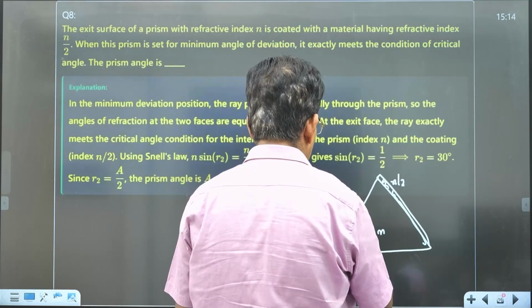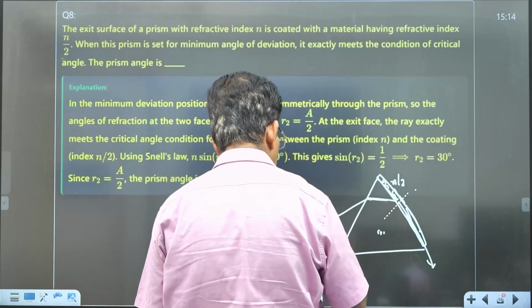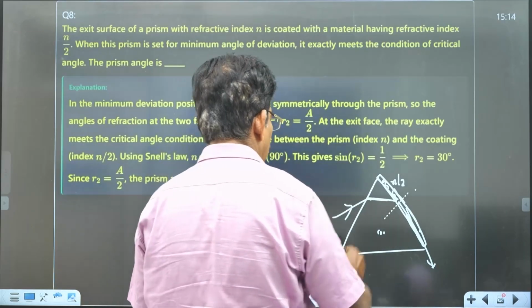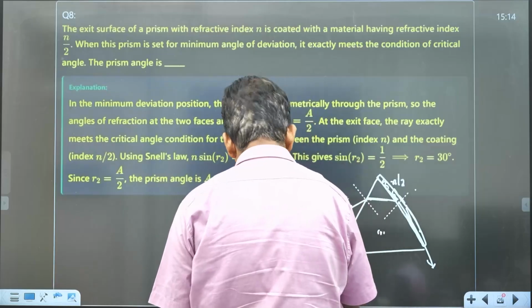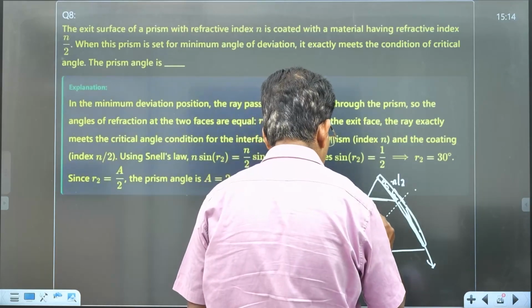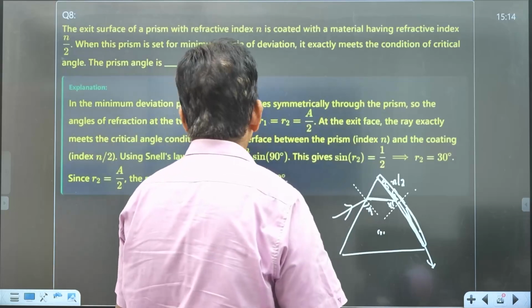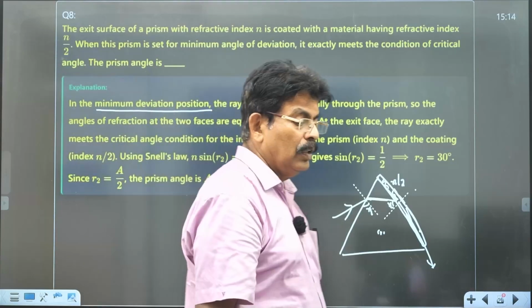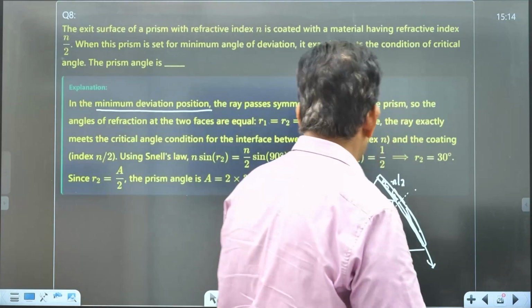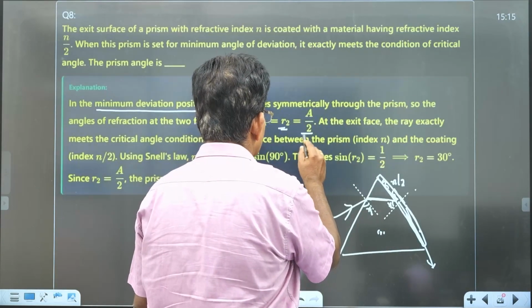You know, a light ray, this is R1, this is R2. So first of all, since it is undergoing the minimum deviation condition, we can find R1 is equal to R2 is equal to A by 2.